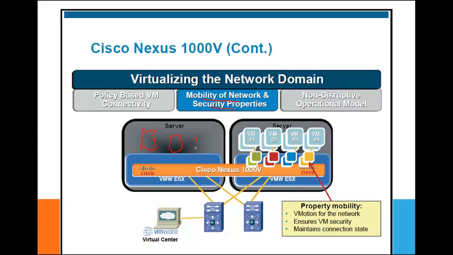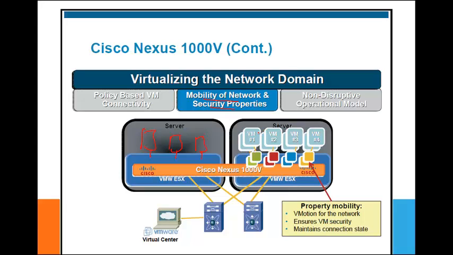When the server was here, you may have had some security policies when it was connected to these virtual ports. When I move to another box, am I going to lose those security policies? No. No policies are going to be lost because I move from one physical box to the other physical box.